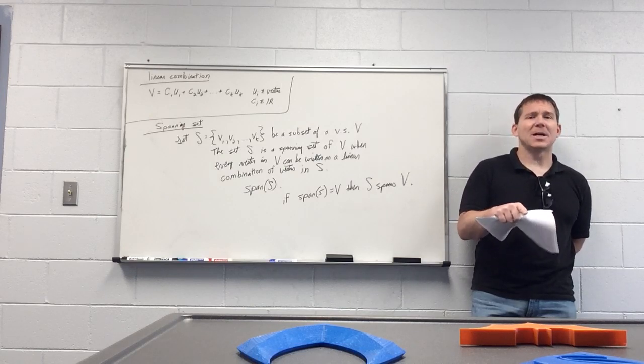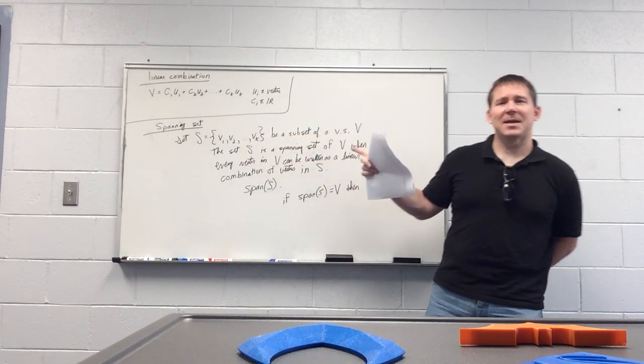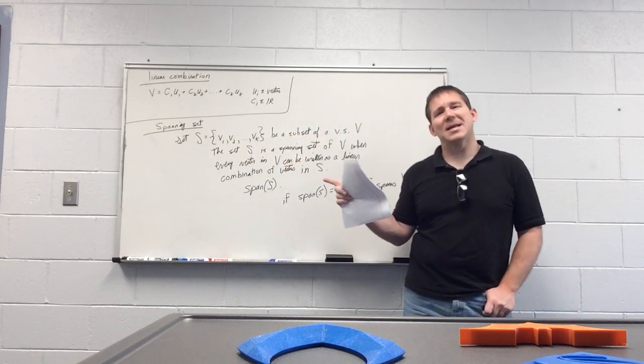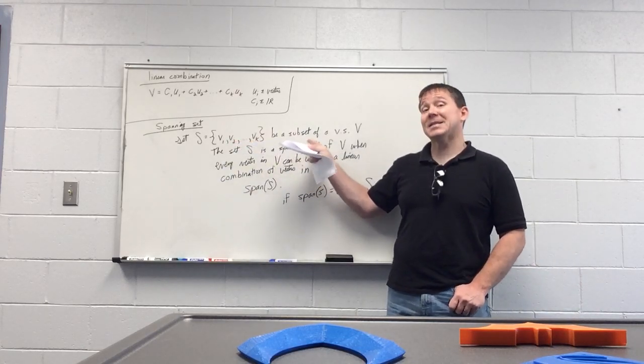One thing to point out, and we'll mess with this a little bit later, this set S is a subset, not a subspace. We'll see later on when it is, and what it is. But for right now, this is not a subspace, this is a subset.